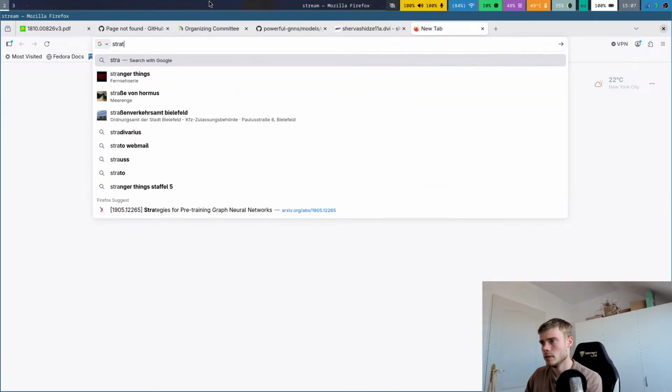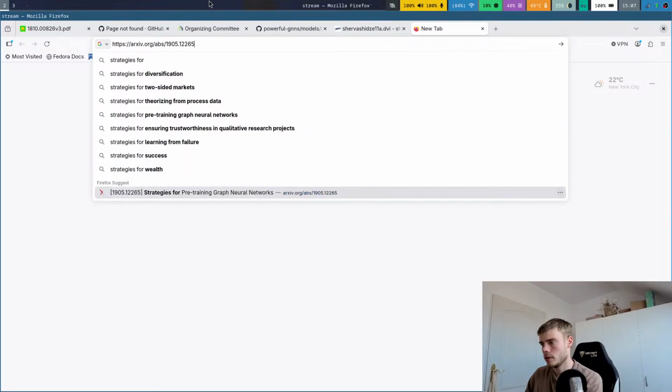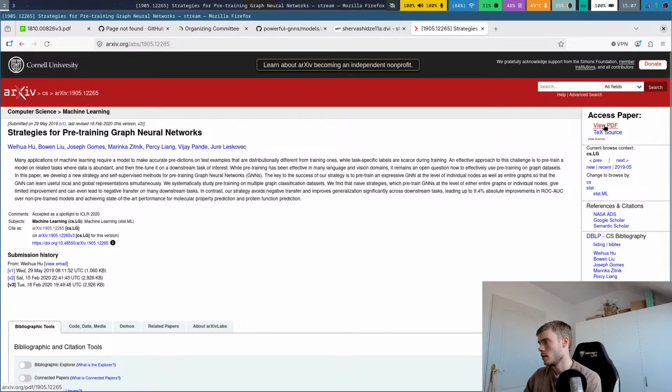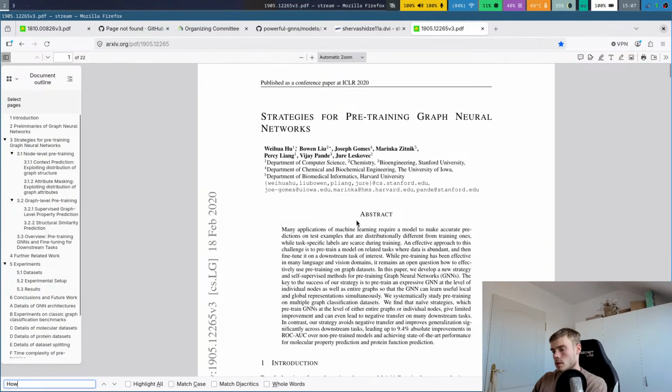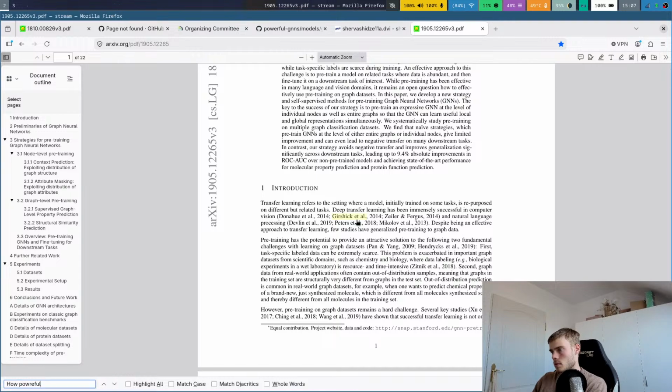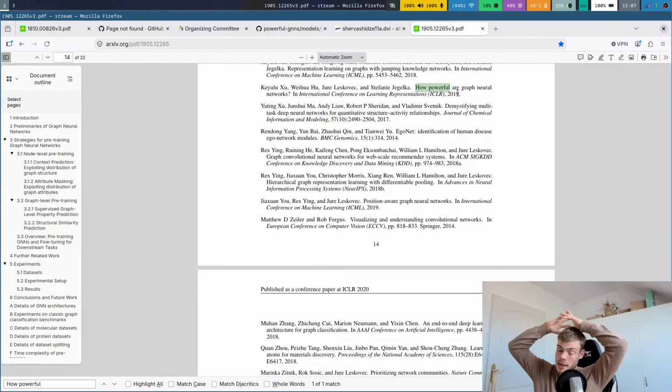So the last paper from the series I want to read is called Strategies for Pre-Training Graph Neural Networks, because this one cites this paper that we read, and it will add edge features to the graph isomorphism networks.